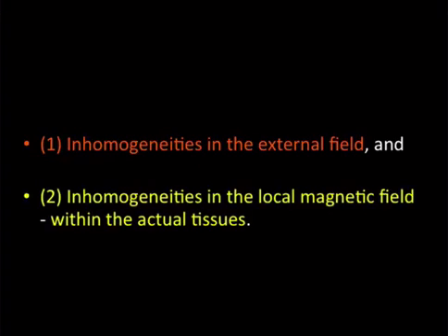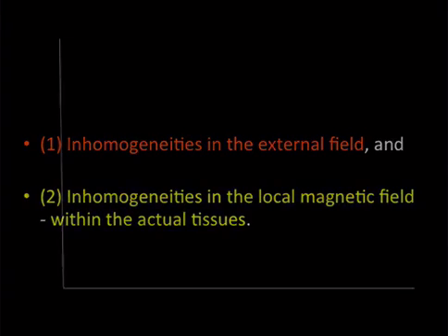Pure things like water have less inhomogeneities in them, so they will take longer to decay because they have less inhomogeneity within the actual tissue, and are therefore bright. So that's why water is bright on T2. If you think about it as being completely clean, it has fewer of these inhomogeneous interactions.